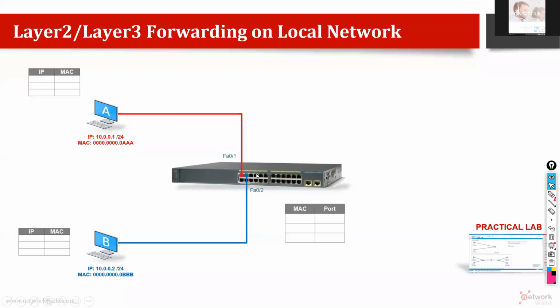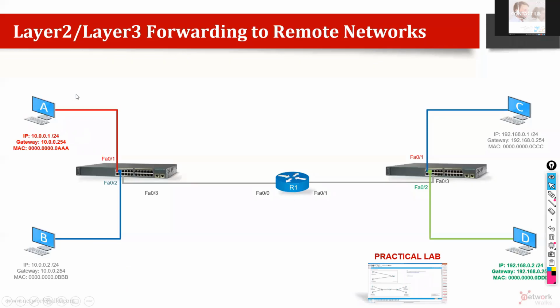We will discuss this switching scenario, how the ARP table gets built up and how the MAC address table gets built up on a switch. And then we will extend this scenario.